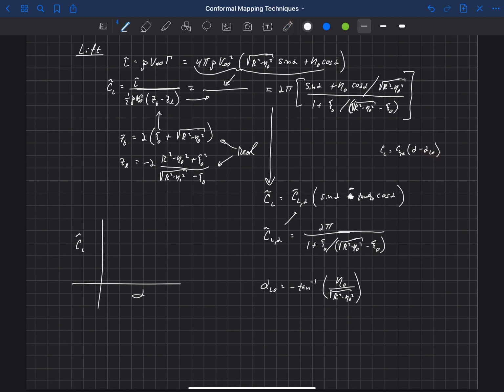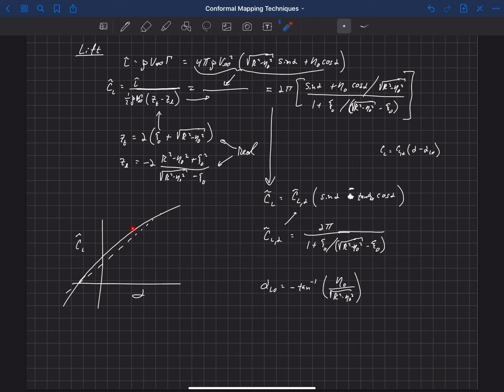From thin airfoil theory, we would get something like this straight line here. But what we're going to find is that the line is curved ever so slightly, so slightly that you might not be able to tell it wasn't a straight line unless you put a straight line on the plot to compare against.